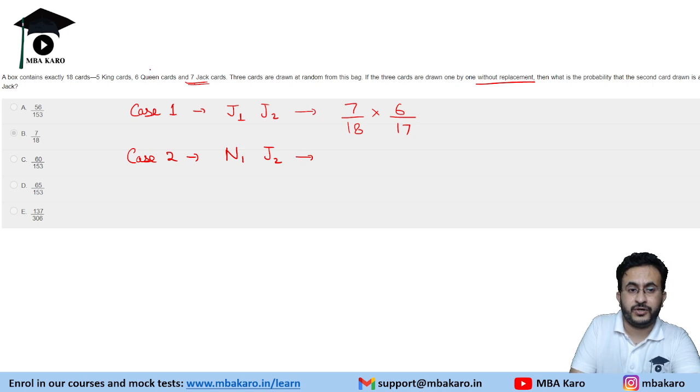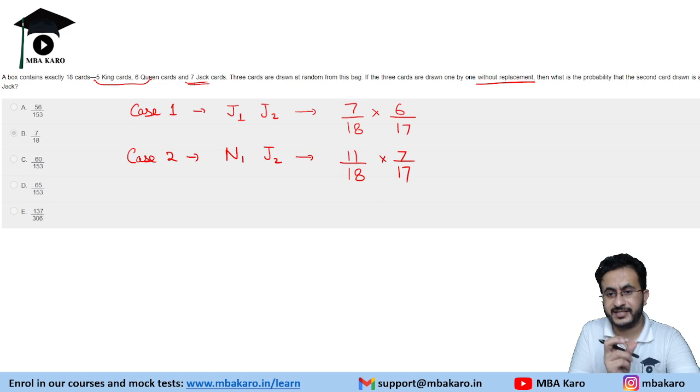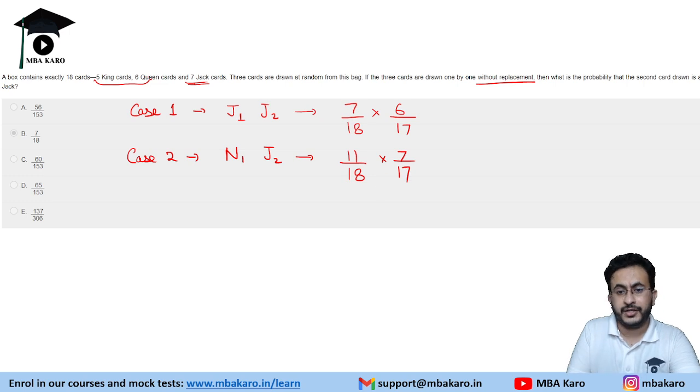Now if first is non-jack, there are 11 that are non-jack. So 11 by 18, and second jack will happen 7 by 17 because there are 7 jack cards left. Now we will add these probabilities. So when we add, we will get 7 into 6 plus 11 into 7 by 18 into 17.